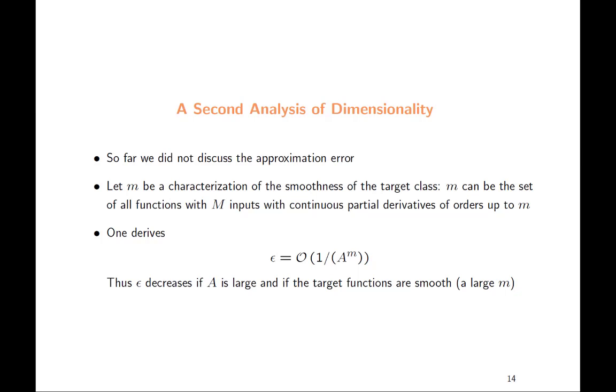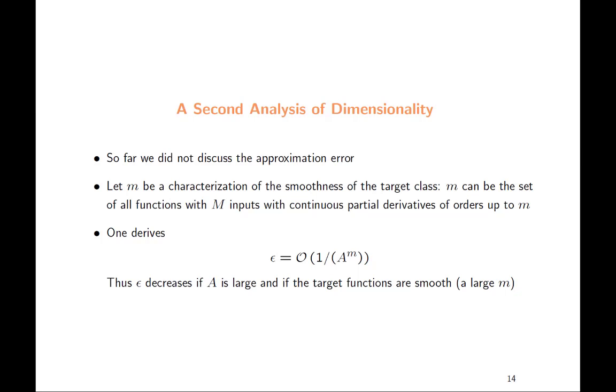Then one can set this epsilon, so the error is of the order of 1 divided by a to the power of M. This is derived in these works on approximation theory. So a is our a, the number of basis functions per dimension, and M is a smoothness parameter. This means the error is small if the term in this bracket is large.